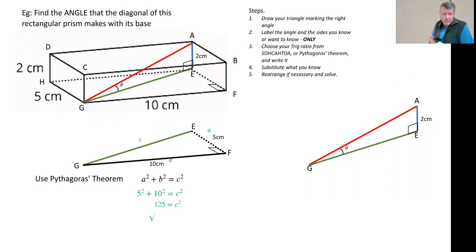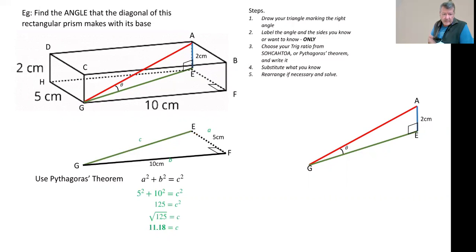So it's going to be the square root of 125, which is equal to the C. The square root of 125. Now, if you need to leave it as a surd, you can. Simplify it, of course. But for now, we're just going to leave it as 11.18 equals C. So that would be 11.18 centimeters from G all the way to E.